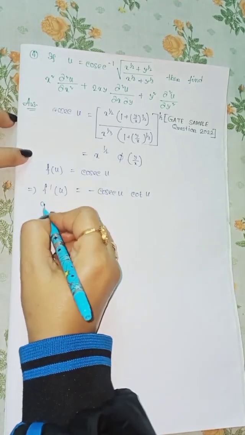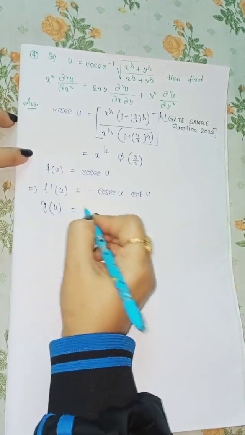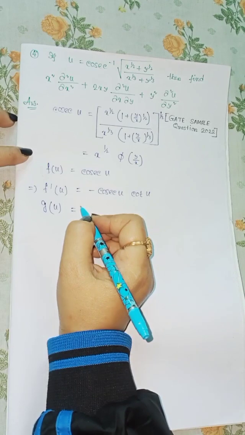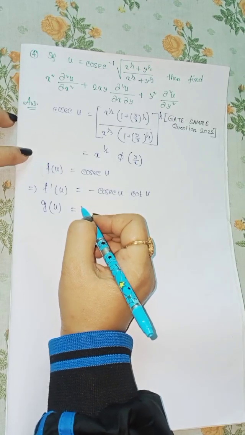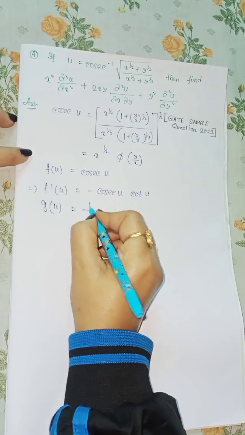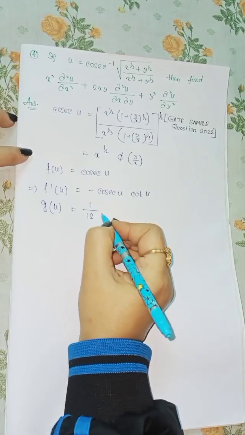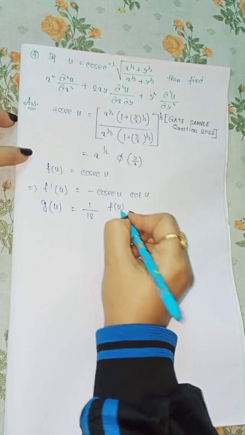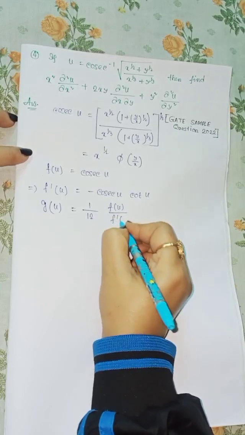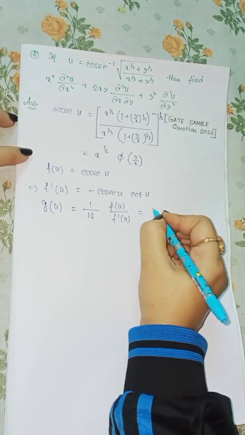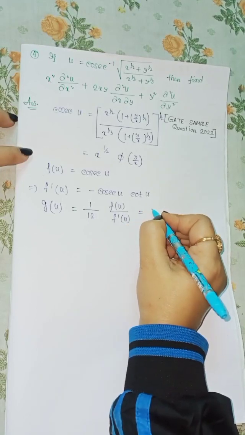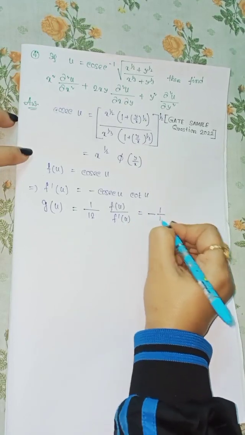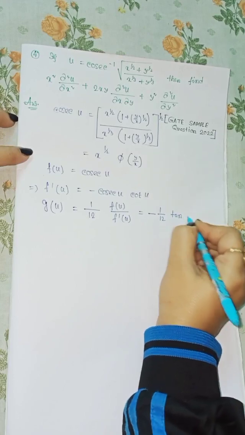So g u is equal to, we may write that is 1 by 12 f of u f dash u. So that is equal to minus 1 by 12 tan of u.